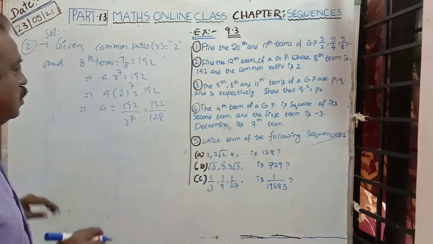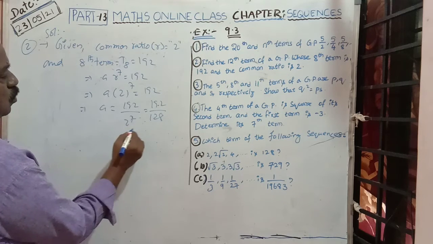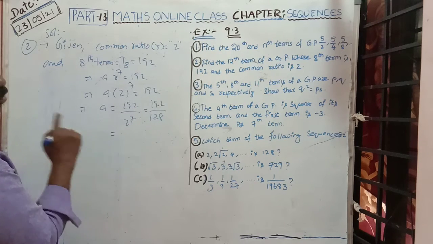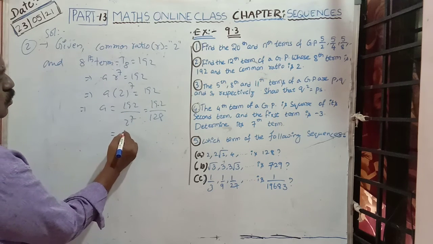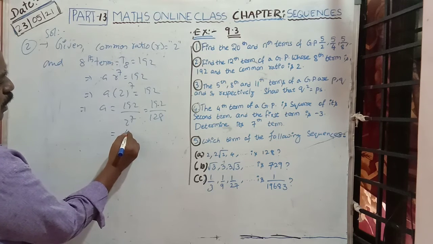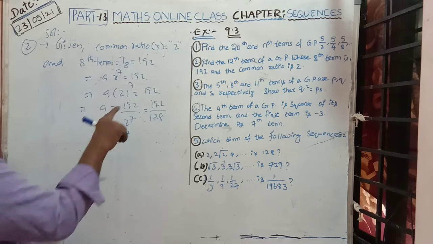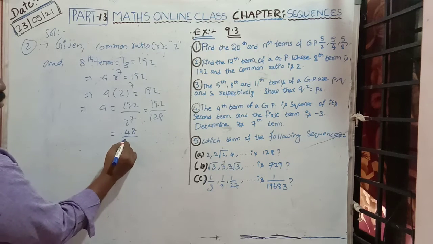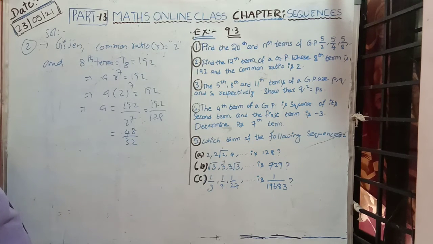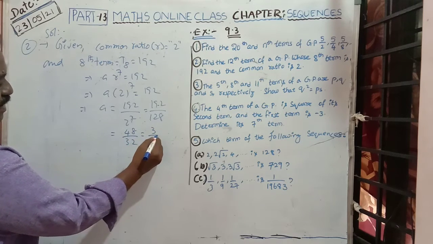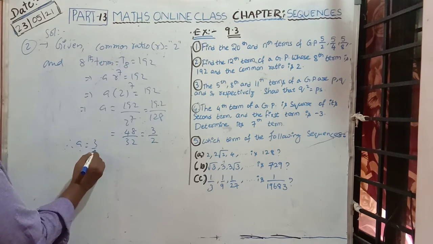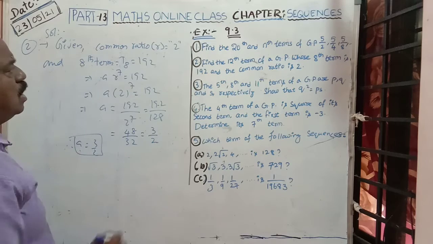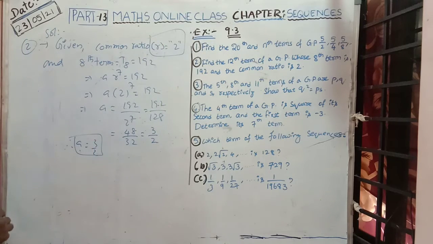So A is 192 by 128. Dividing by 2, by 4, by 16, we get 3 by 2. So A is equal to 3 by 2, whereas R is equal to 2.